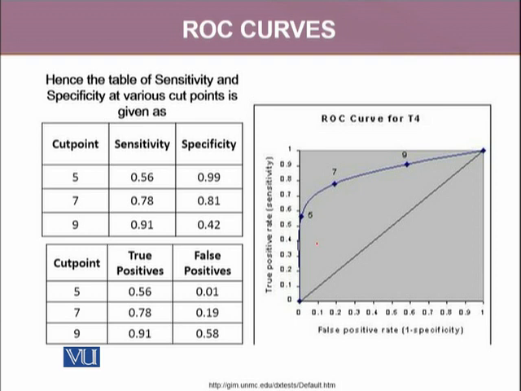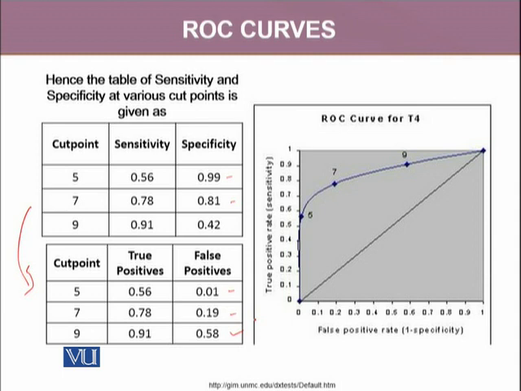In the second table, we have translated the sensitivity into the true positive rate, and we also calculated the false positive rate. The false positive rate is 1 minus specificity. Therefore, 1 minus 0.99 is 0.01, 1 minus 0.81 is 0.19, and 1 minus 0.42 is 0.58.